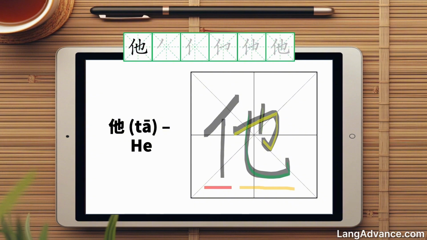Awesome. Now let's see, how do you write this again? Awesome. As long as you get the proportion right, the writing won't look weird or ugly.